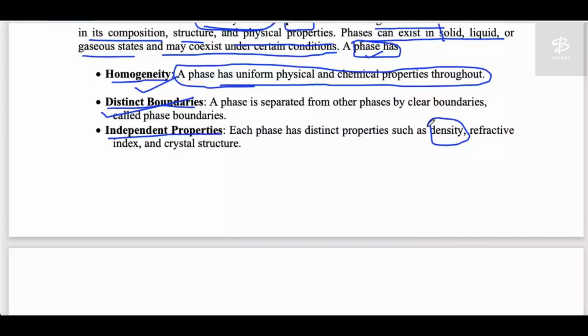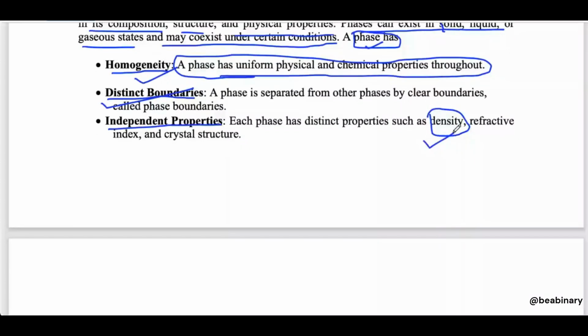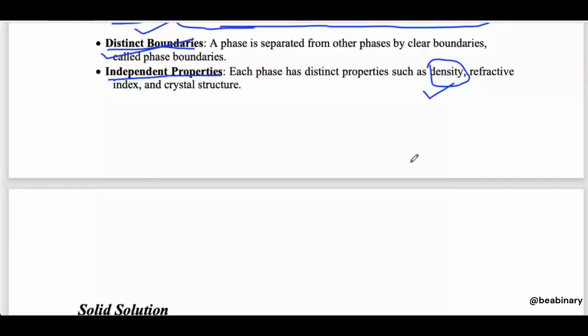You can think about which phase of water, H2O, has the higher density. You might be thinking that ice has the highest density, but it depends on at what temperature you are asking, because the parameters are important. Water has its highest density at 4 degrees C. These are examples of independent properties.